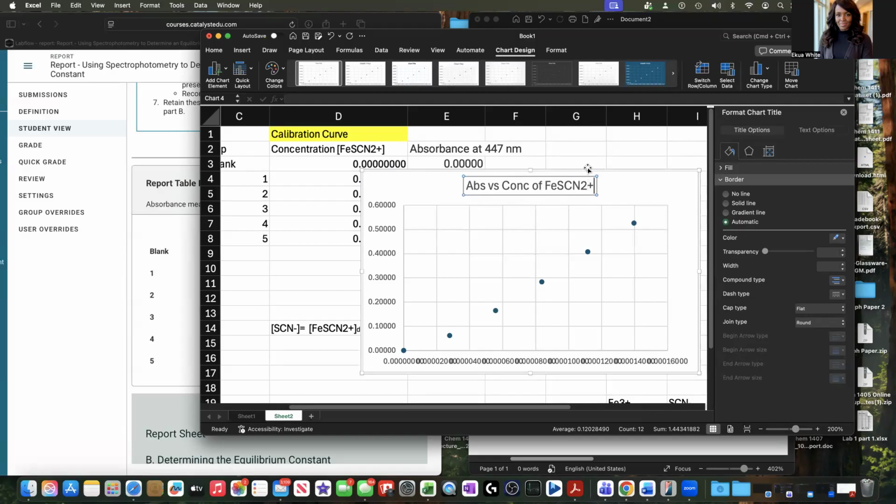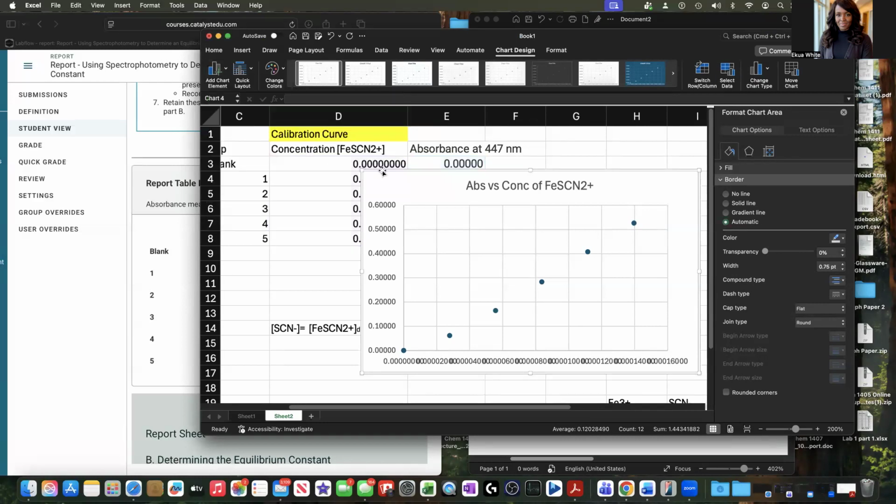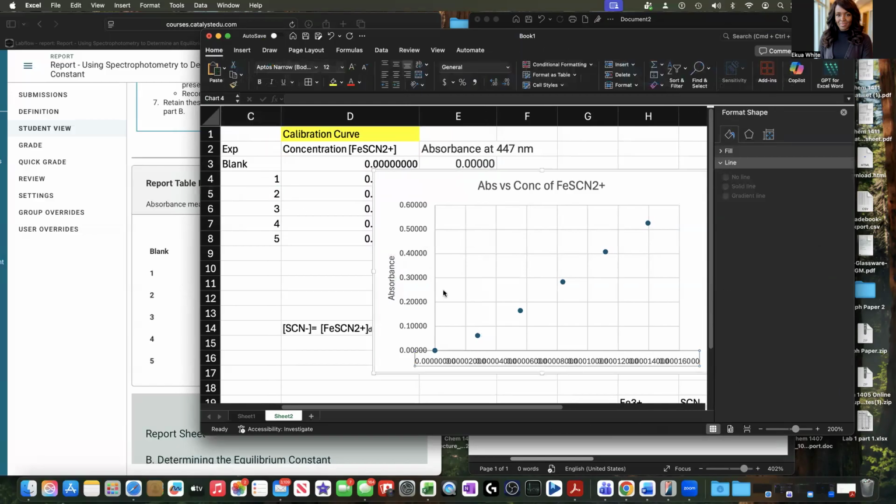Okay, I'm going to add labels to the Y and X axes. The vertical should be absorbance.